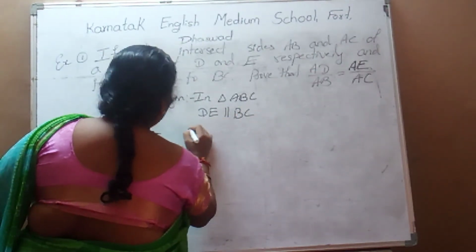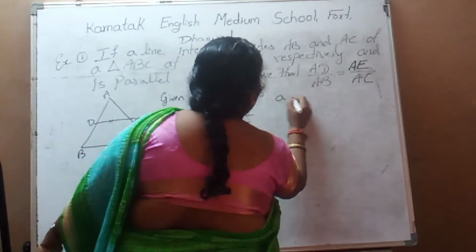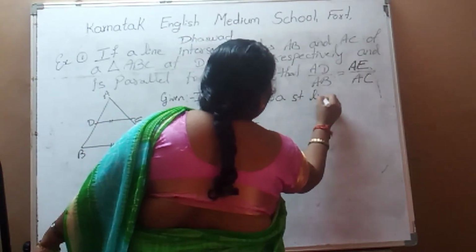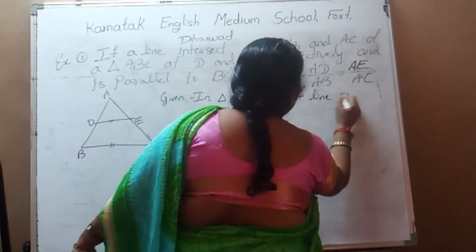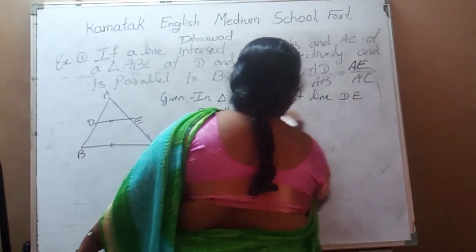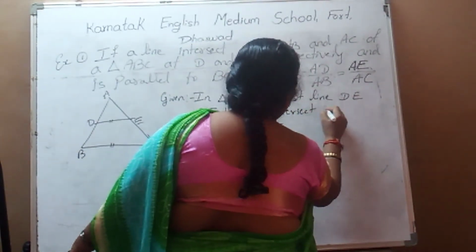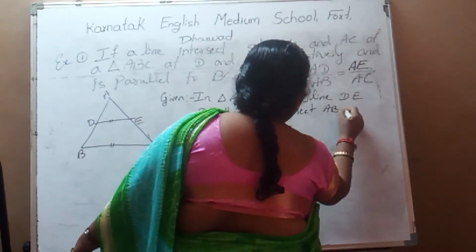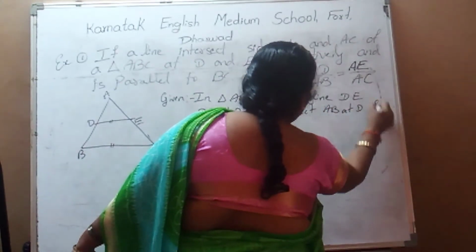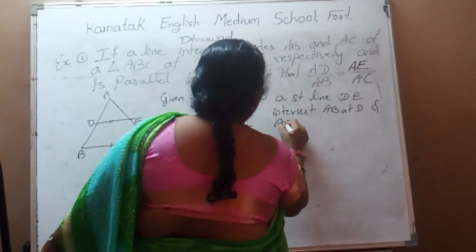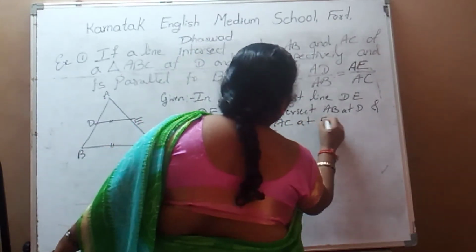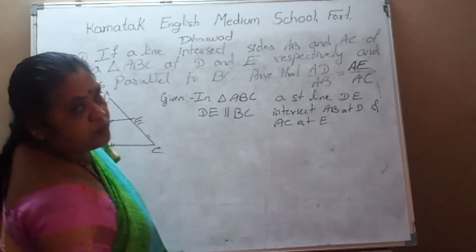So, a straight line DE intersects AB at D and AC at E respectively.